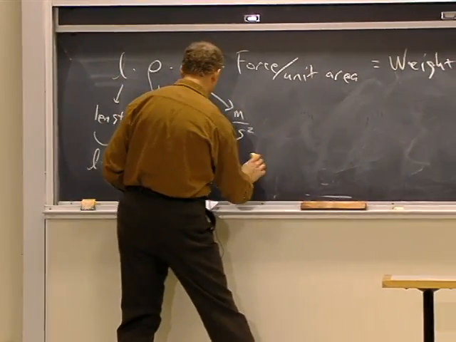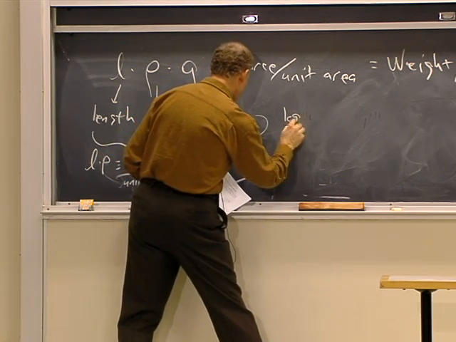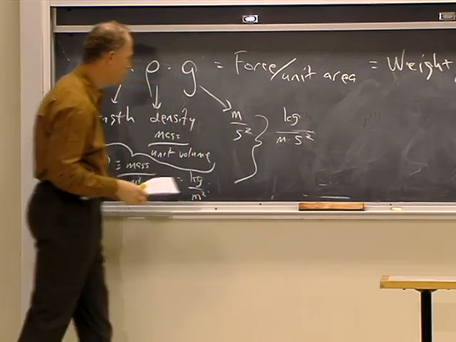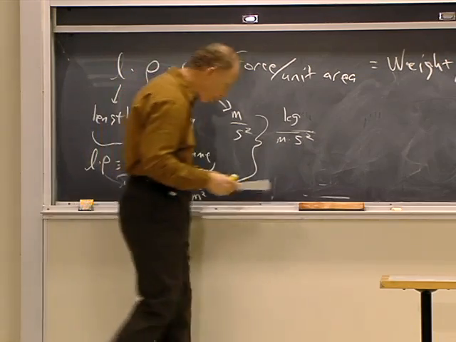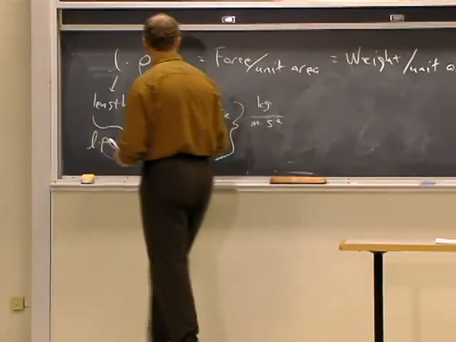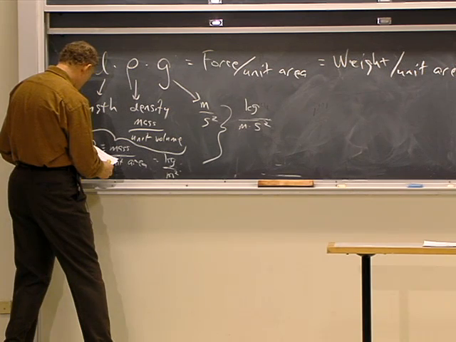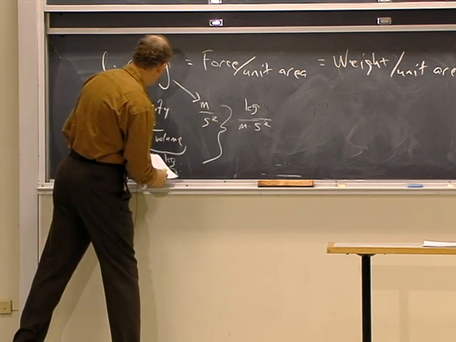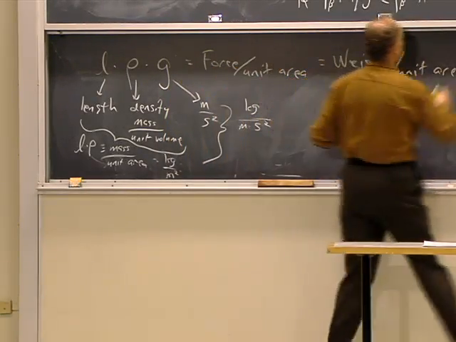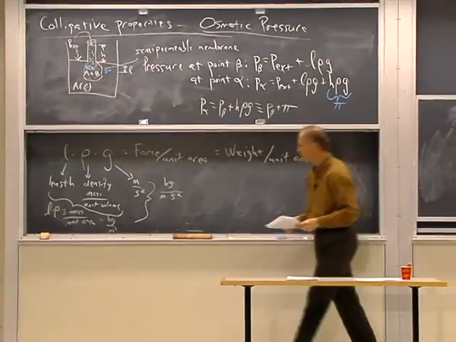So now we're going to have all together kilograms per meter second squared, right? In other words, it's force per unit area. Wait a minute, do I have this correct? Yeah. Okay, and so that's what we have. And now, of course, we have the additional component due to the height here, right? Okay.